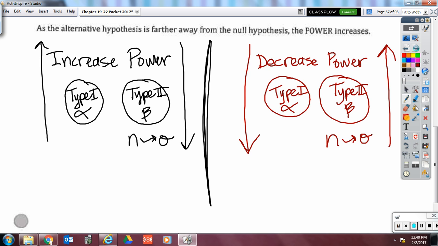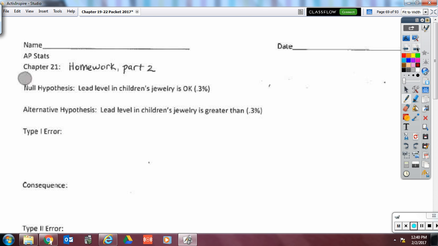Okay, now there is another thing that can happen. You actually do not have control over it, but there is one more thing that can change power. So I want you to go to your homework part 2. We're going to use this problem so I can demonstrate another thing that can change power. So here we go.